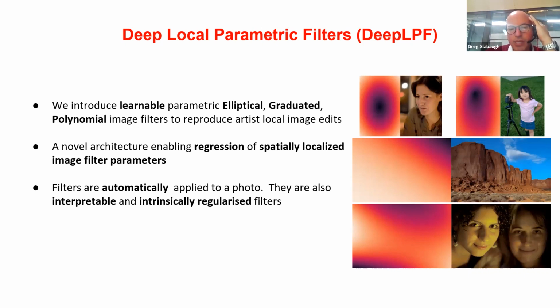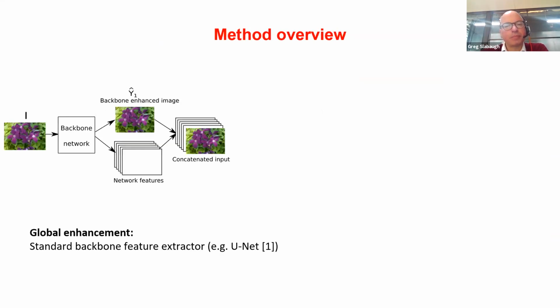The key point here is that the network automatically estimates these filters and applies them to the photo to produce the enhancement. The nice thing is that these filters are also interpretable, because, as a human, you can understand an ellipse and understand how it's enhancing the image. And you can even adjust the estimated local filter.